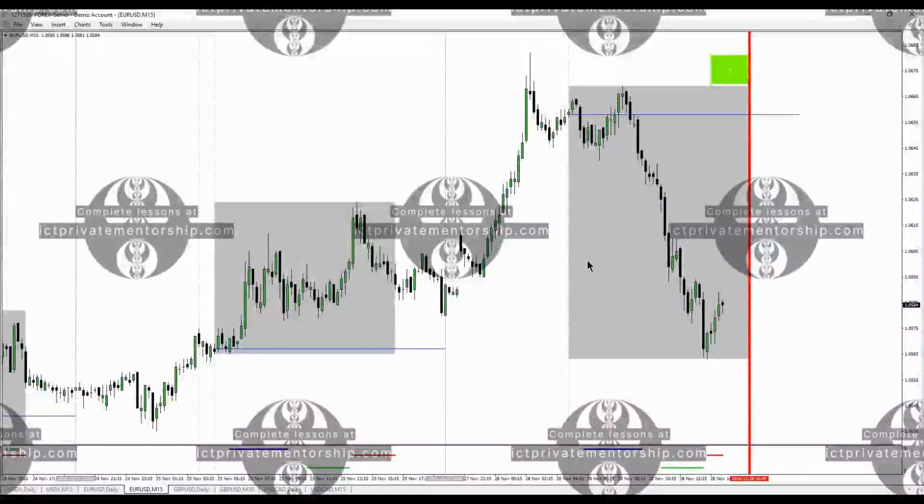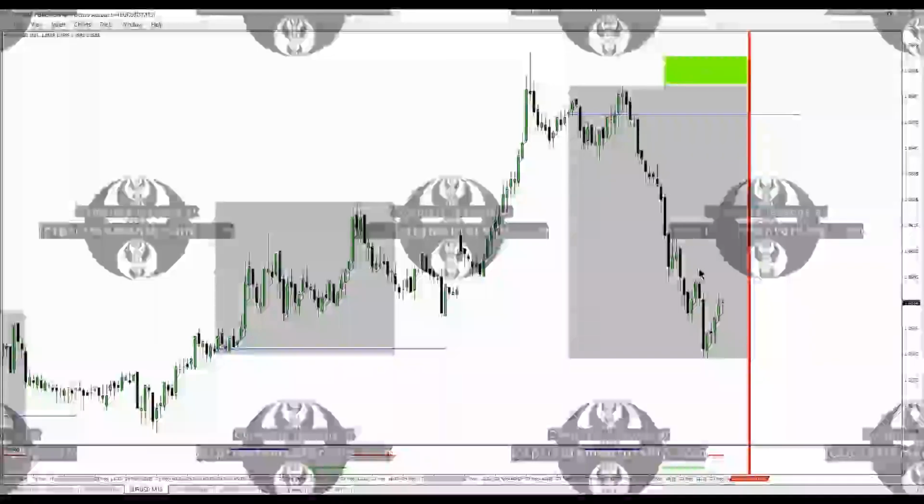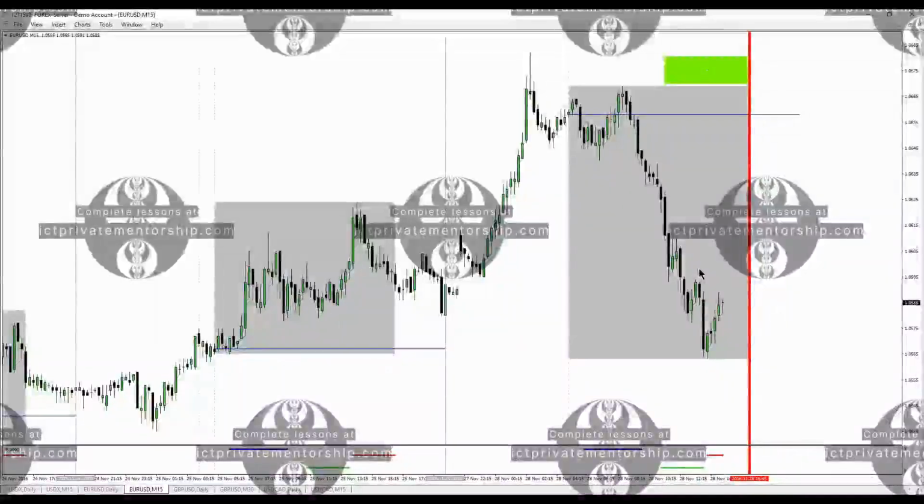But the likelihood of it happening, going below this low and significantly lower, is not high probability. This scenario here occurring during this green area of the time of day, in other words, if it was back here, much more high probability. In other words, if this would have rallied up to this candle in here or the body of this candle here, that would have been a wonderful sell, and you had everything on your side of the trade. You had a lot of battery life on the daily range.